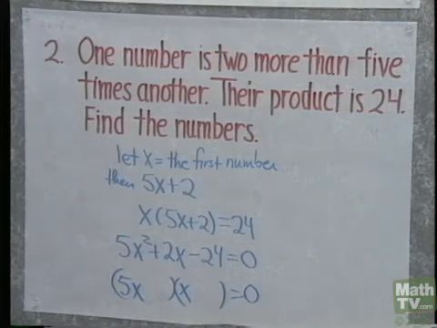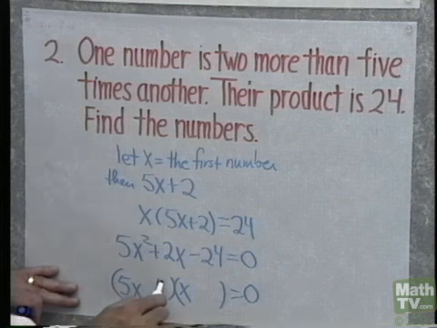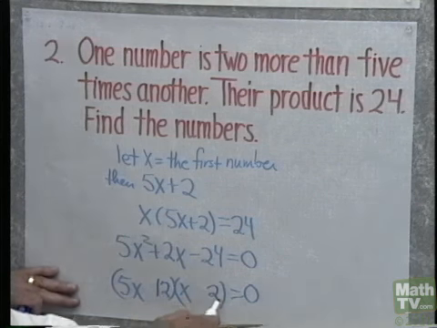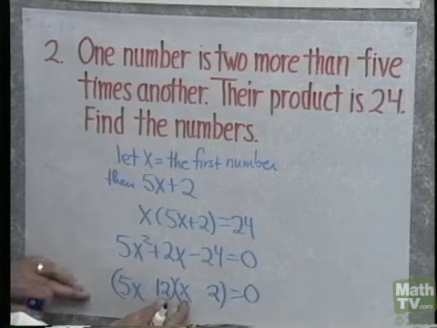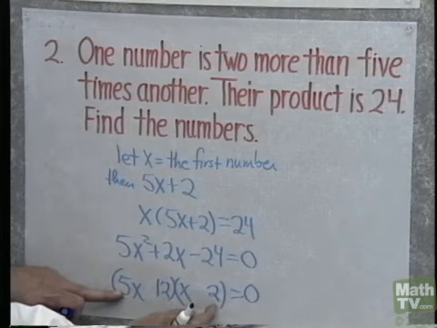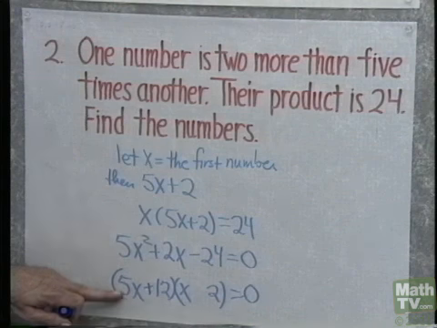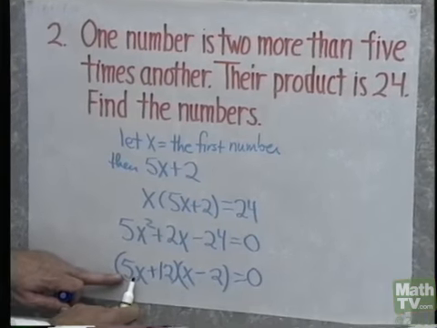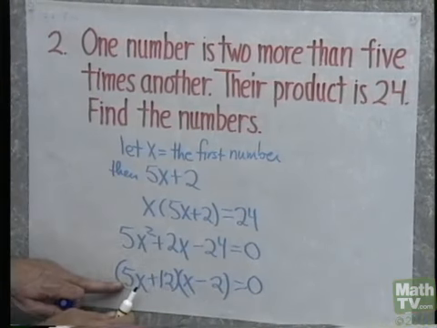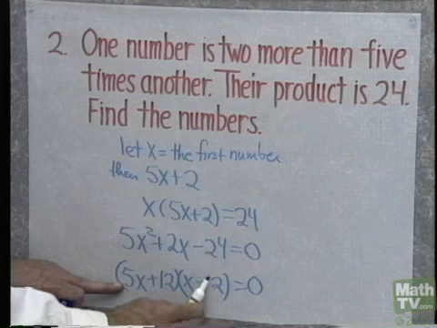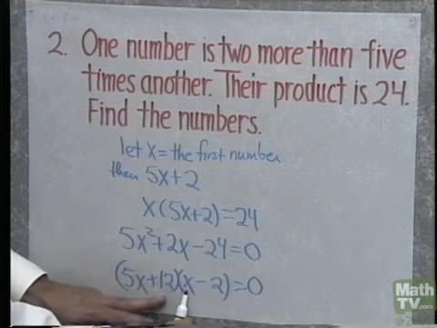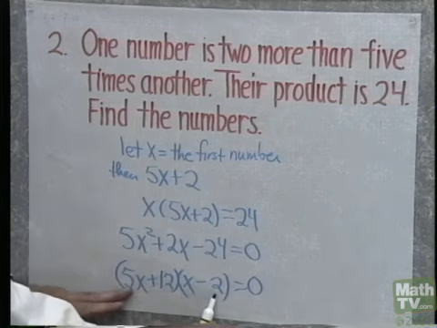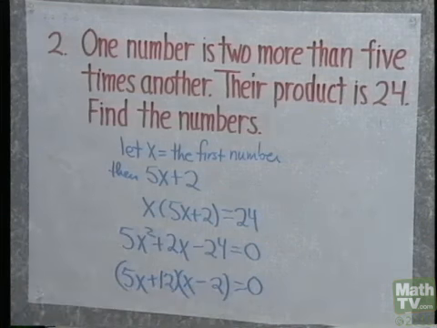How about if I put 12 here and 2 here, because then I'll have 12x inside, 10x outside. They'll differ by 2x. So I want my 12x positive, so I'll make that positive. 10x negative, so I'll make that negative. Now, did that work? 5x times x is 5x squared. Positive 12 times negative 2, negative 24. Inside is 12x, outside is negative 10x. They add up to 2x.